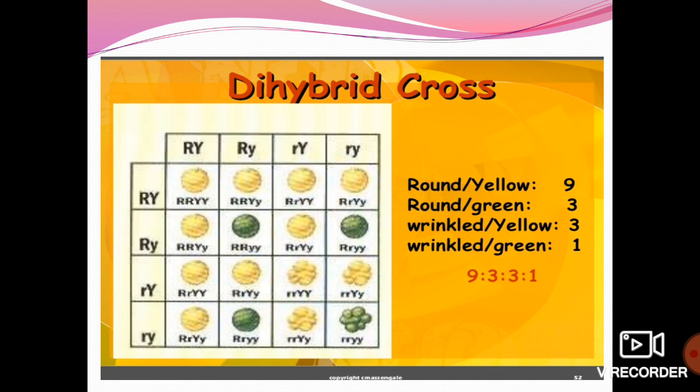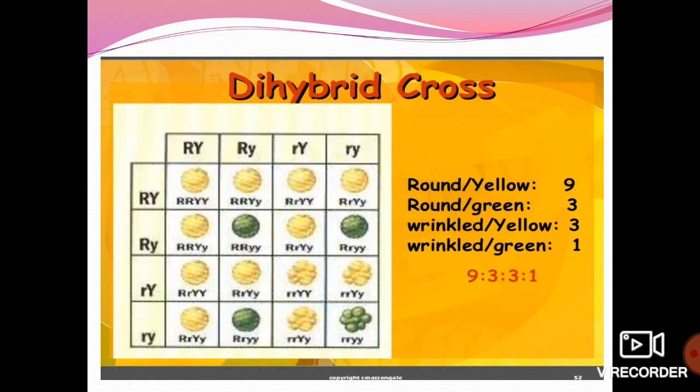They were the parents. But when the offspring of those parents, round yellow and green wrinkled parents, were formed, all the offspring were round yellow, because round was dominant over wrinkled and yellow was dominant over green.